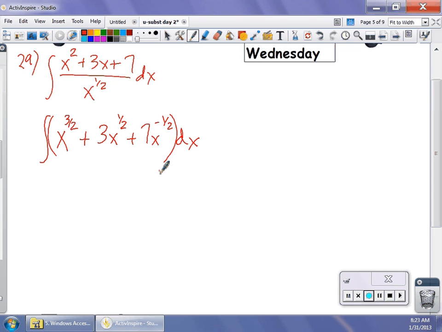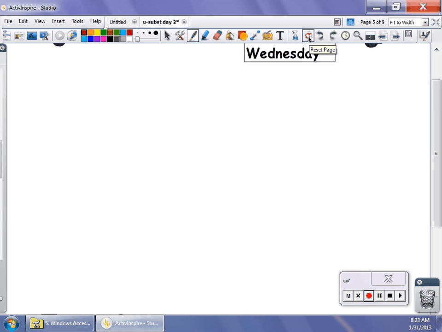Increase the power, divide by the power, increase the power, divide by the power. So this is not a u substitution problem at all, even though, because it's in this section, a lot of people try to make it into a u substitution problem. Another example of something of a similar nature, let me clear this, is number 33. In number 33, you have the integration of 9 minus y.